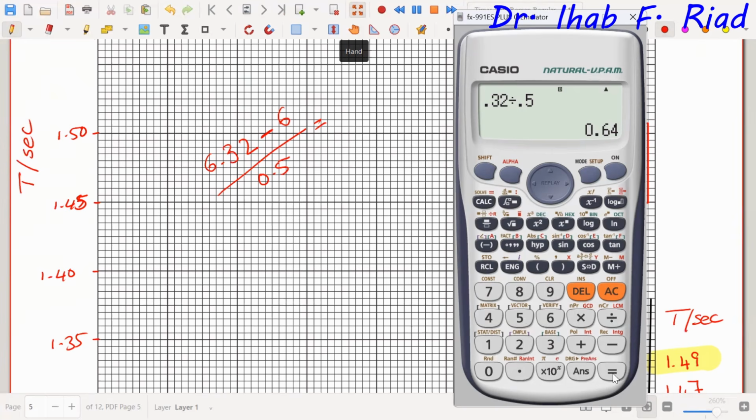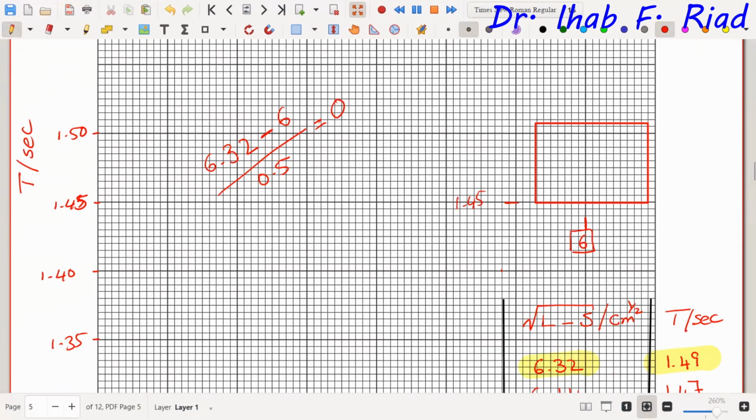So how many squares do we have? We get 0.64. So what we look for is this number. It tells us how many small squares we need to count from the 6 mark.